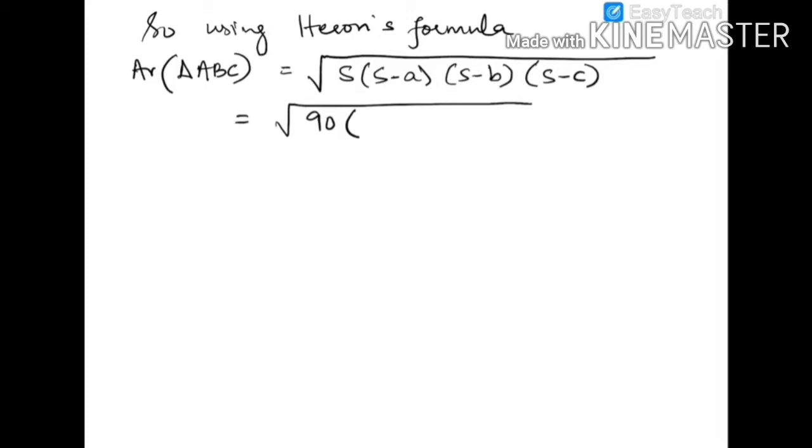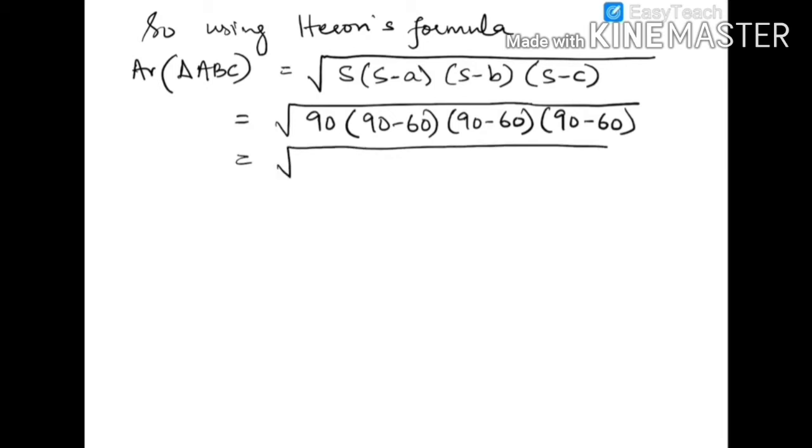So we will get square root of 90 in brackets 90 minus 60 into 90 minus 60 into 90 minus 60. On simplifying, we get 90 into 30 into 30 into 30.